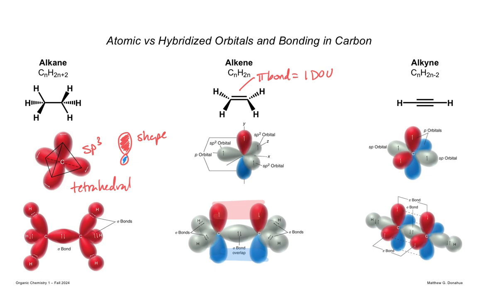So you have these clouds. There's the two p orbitals. And then this thing in the middle here, that's the cloud on the top and the bottom of that sigma bond. And then you have your other now CH bonds that are sp2 hybridized.